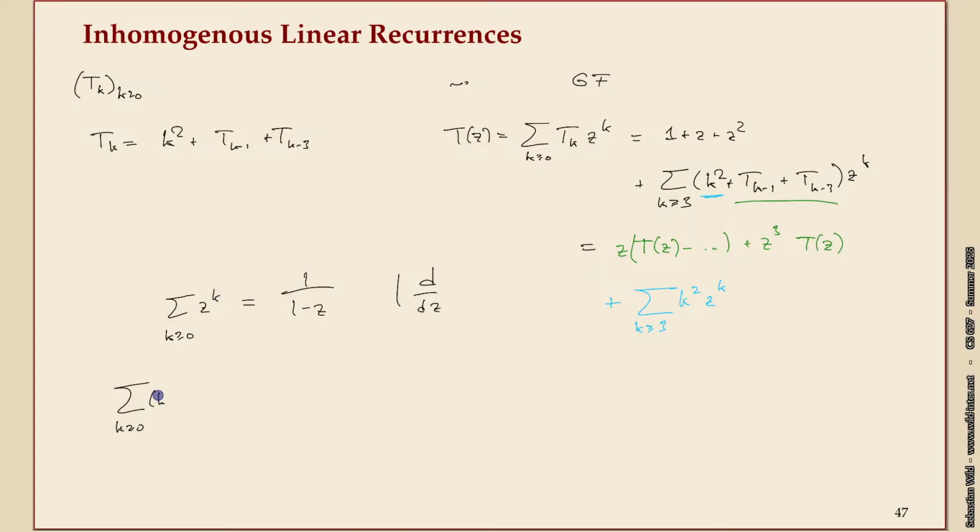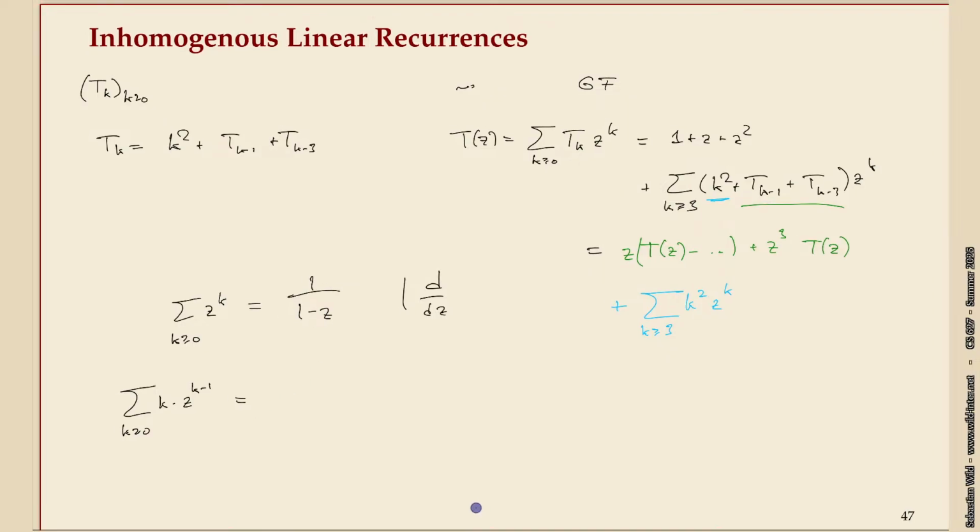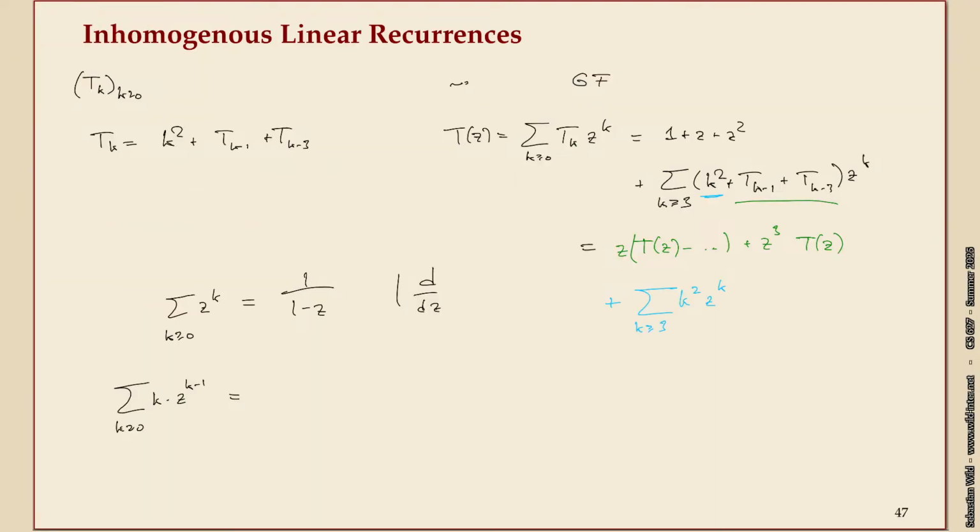And then you have k in front, and then z to the k minus 1. And here we have to take the derivative as well. There's 1 minus z to the minus 1. So if you take the derivative of that, it is 1 minus z to the minus 2, and the minus in front. That's the outer derivative, and then you take times the inner derivative, which is minus 1, so that minus goes away again. But really what it says is just 1 over 1 minus z squared.